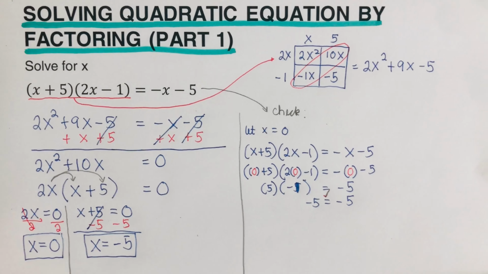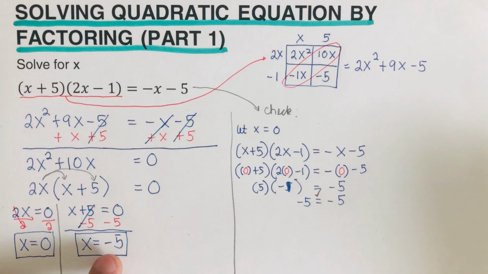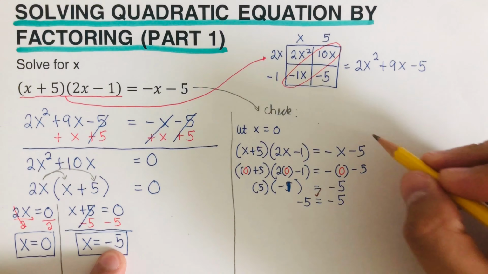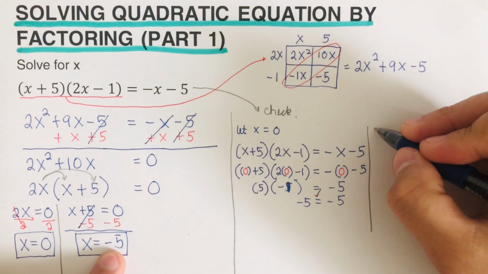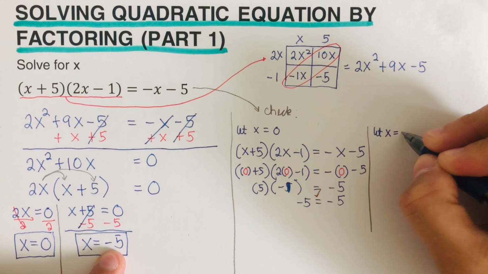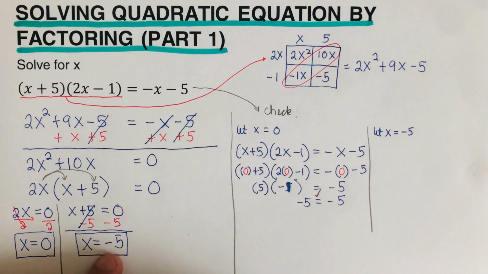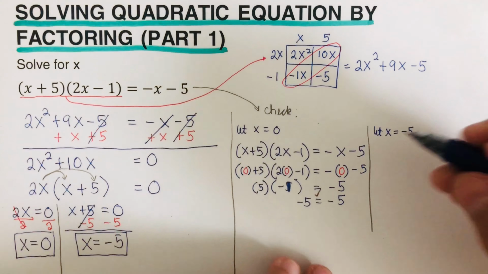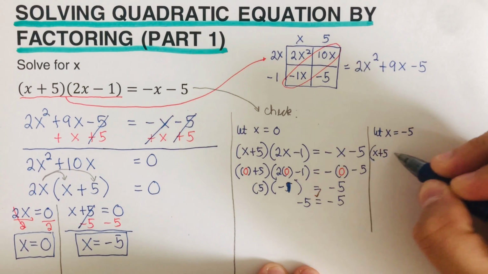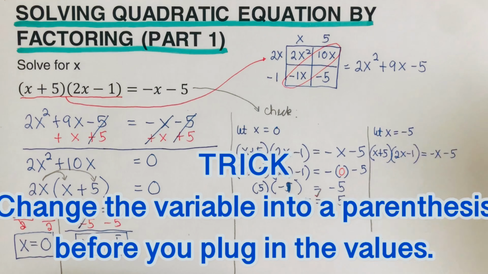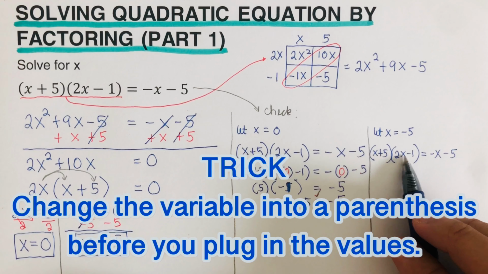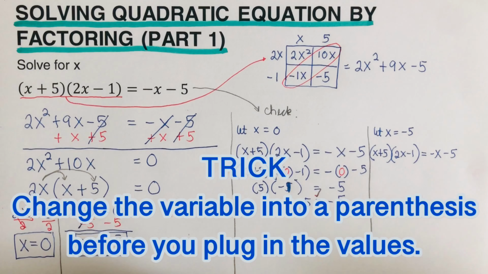Now we move on to the other value of x that we solved here. So we are going to let x is equal to negative 5, and we plug it in again. So we write the original equation right there. Again, the trick is to change the variables, so these three variables, into a parentheses before we plug the values in.